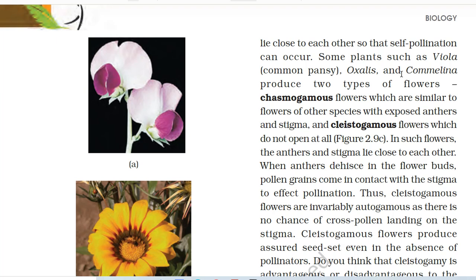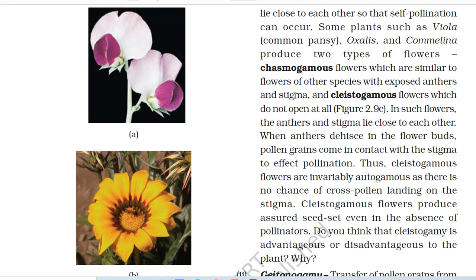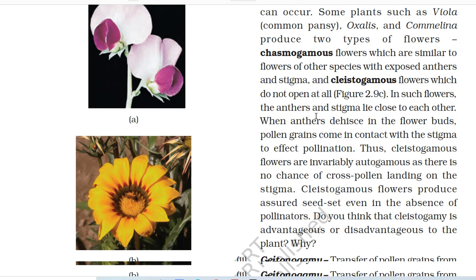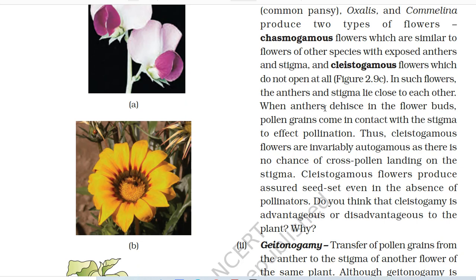Some plants such as viola (common pansy), oxalis and commelina produce 2 types of flower. Chasmogamous flowers, which are similar to flowers of other species with exposed anthers and stigma, and cleistogamous flowers which do not open at all. In such flowers, the anthers and stigma lie close to each other.